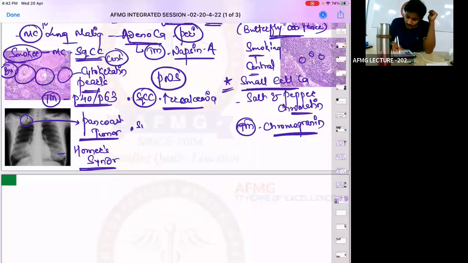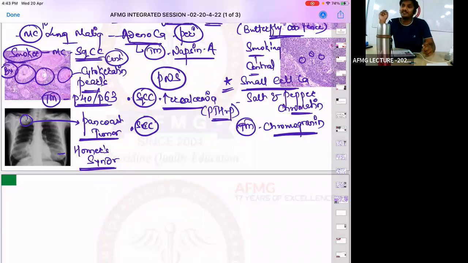But the most common lung malignancy associated with paraneoplastic syndromes would be small cell carcinoma. Remember, the most common paraneoplastic syndrome seen with squamous cell carcinoma is hypercalcemia, and it is due to the parathormone-related peptide which is produced by the cancer cells.